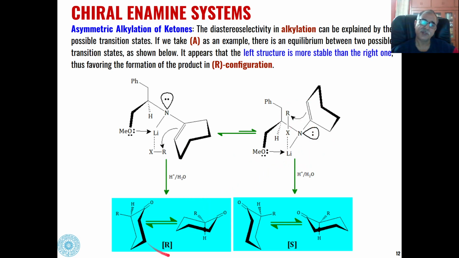So that is why the major product formed in these types of chiral auxiliaries will be the R product, and similarly if the other type of enamine structure is formed, then that product will be formed as the major product.